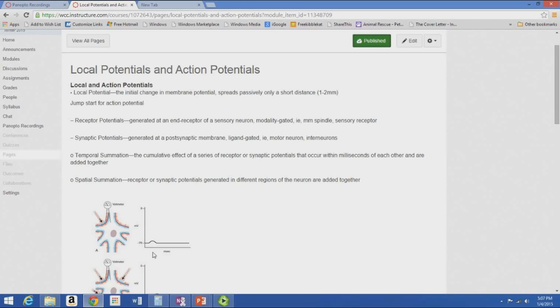You can also have a synaptic potential, which is generated at the postsynaptic membrane, and that's generated by activating those ligand-gated channels. And so, like a motor neuron or interneurons, they're getting information from other neurons, and that's starting to generate those little local potentials.